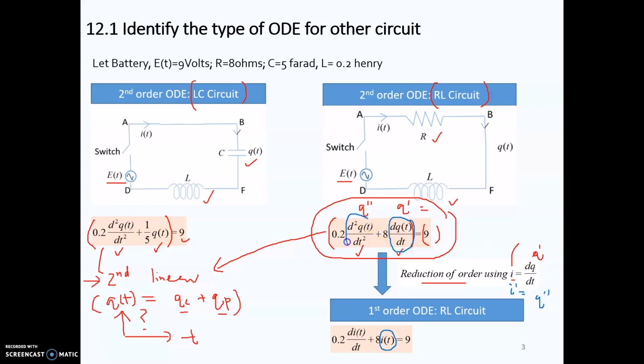Therefore we can substitute Q double prime to be I prime here. So in this example you see that if you use a suitable substitution, you're able to reduce the second order ODE to a first order ODE. By doing this, we can simplify the problem. This can be solved easily by using the integrating factor approach that you learned previously.